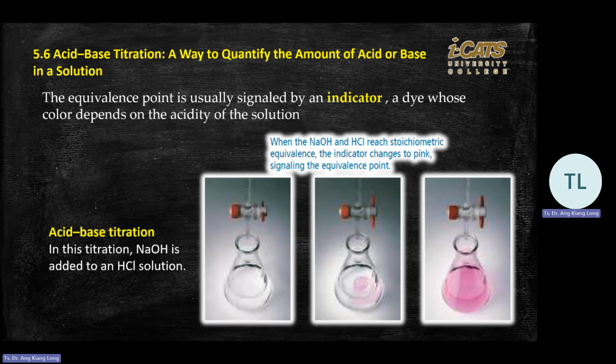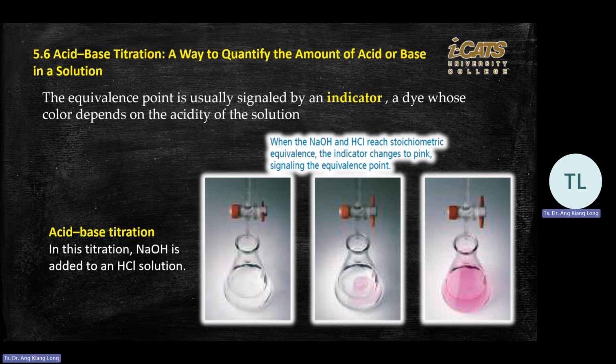Again, in the lab, you also need to answer how you measure the equivalent point. How do you know? We use an indicator, which can be pH indicator and so on. This indicator will change to pink when it reaches the equivalent point.